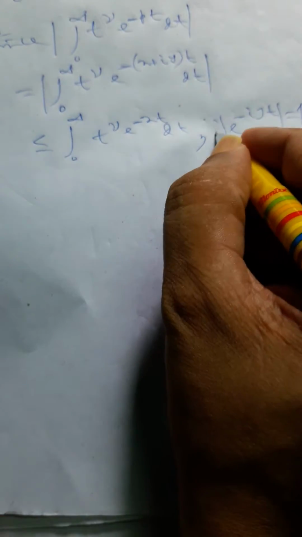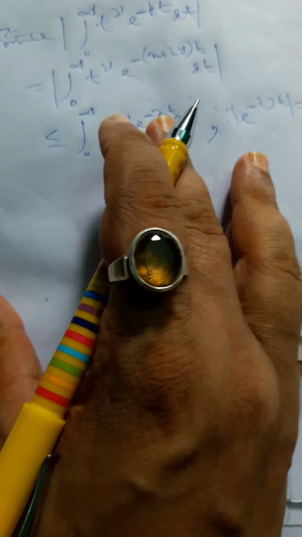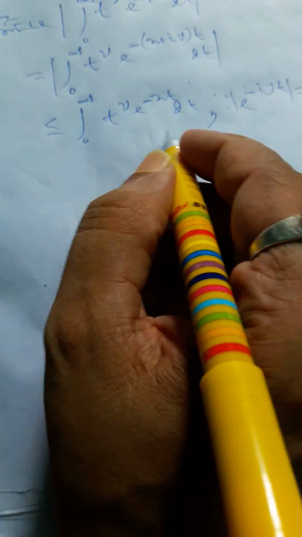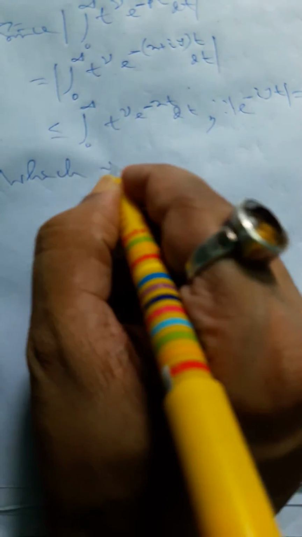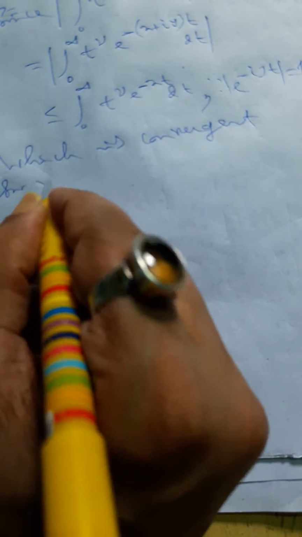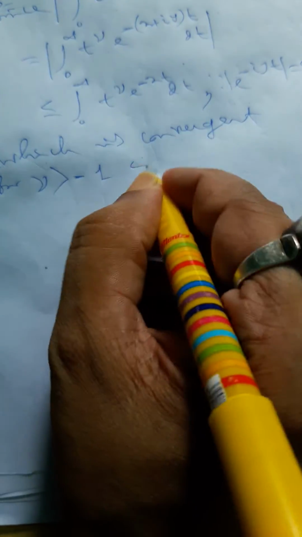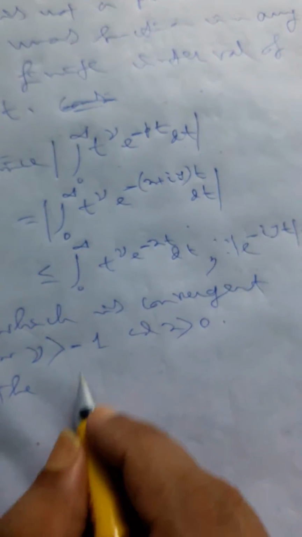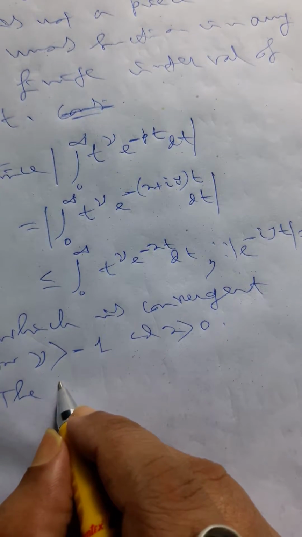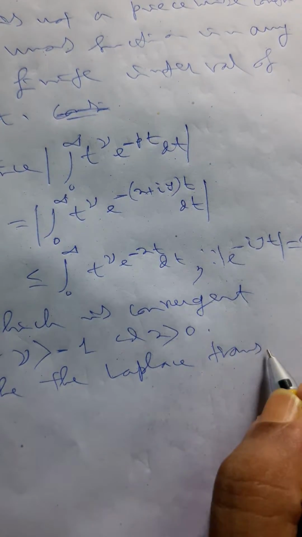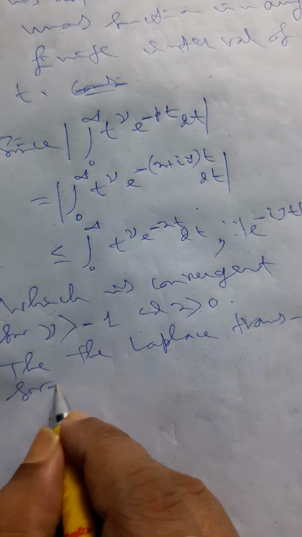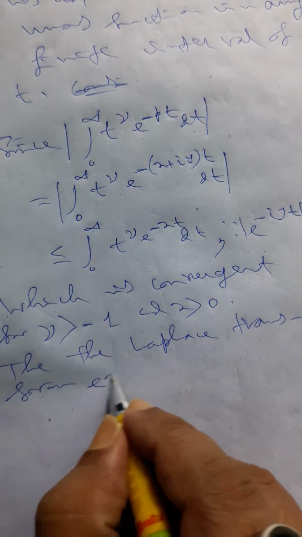This is convergent for gamma greater than -1 and x greater than 0. So the Laplace transform exists.